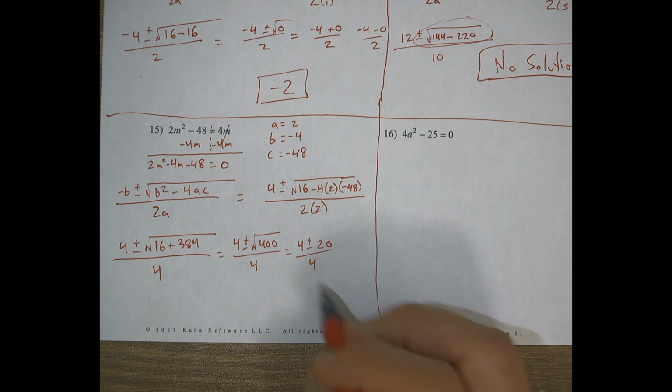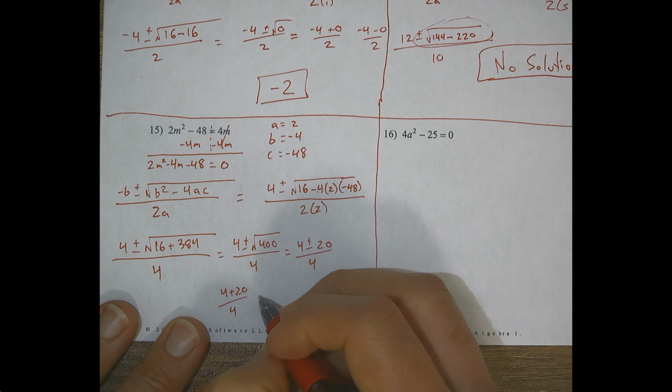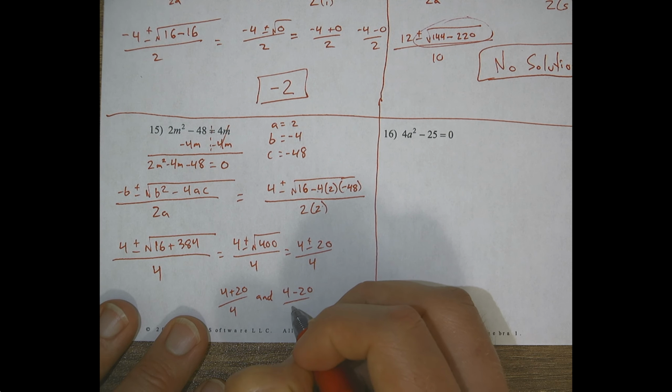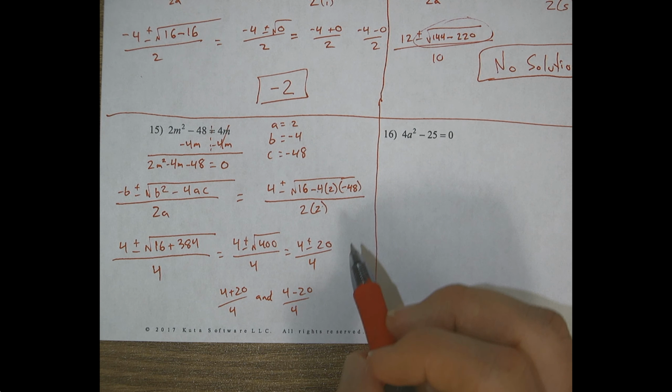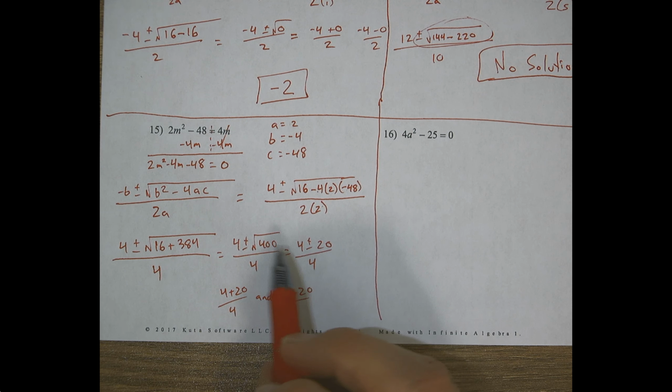So there's my 2 possible answers coming from 4 plus 20 divided by 4 and 4 minus 20 divided by 4. And again, the reason behind that whole thing is because when I take the square root of 400, what number times itself is 400? 20, positive 20, but also negative 20.